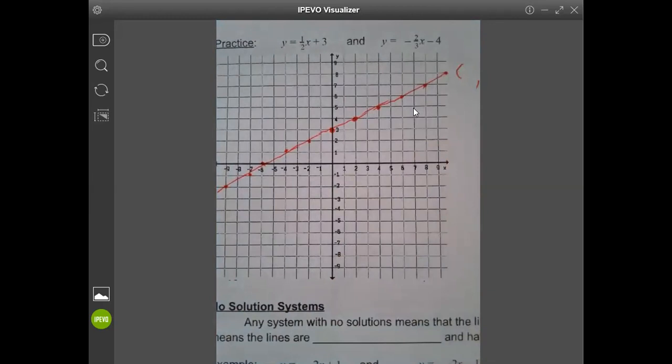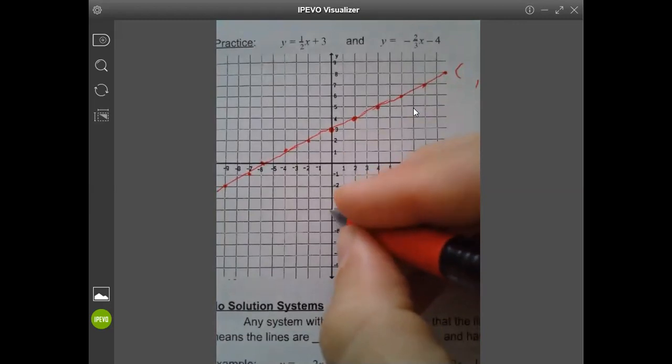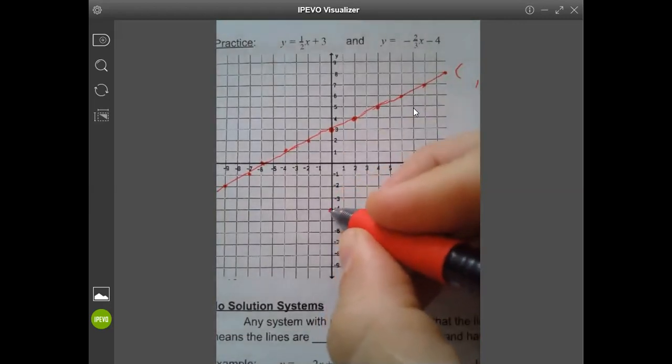All right, so what about the second one? Negative 2/3 x minus 4. What's our point we're going to graph? Negative 4. Okay, so we'll go to -4 on our y-axis, down here.